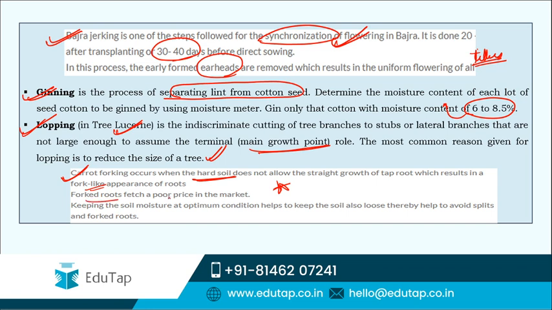Forked roots have very little marketability. So in carrots, maintaining the soil moisture is very important to avoid carrot forking. So for the four options which I have provided, these are the explanations for those agronomic practices.